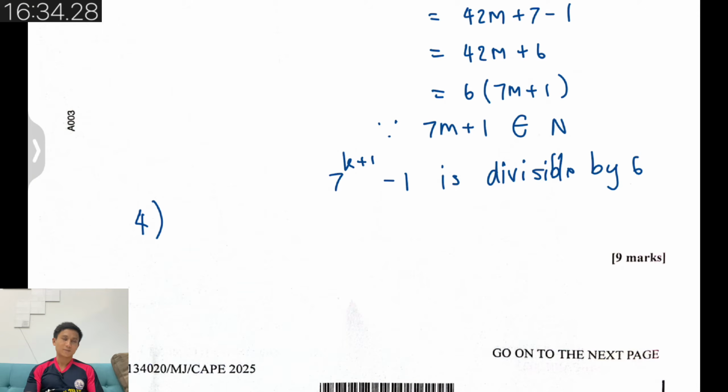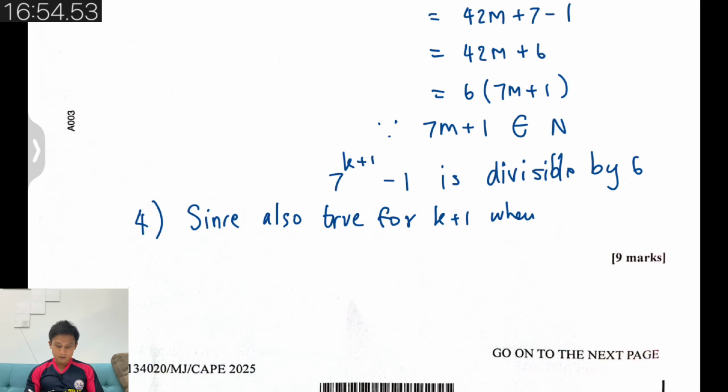So when you have proven that n equals k plus 1 is also true, since it is also true for k plus 1 when true for n equals k.